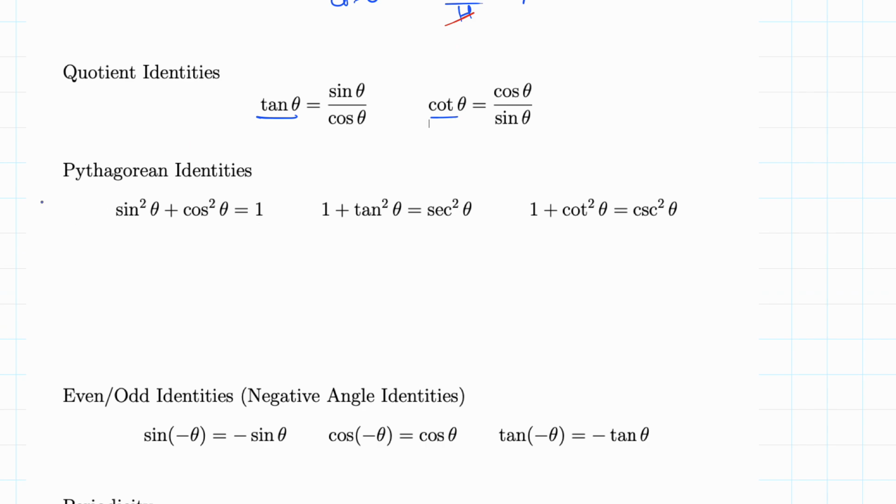Then come the Pythagorean identities. That's based, again, on the right triangle. When we have a right triangle with angle theta, let's say the sides are A, B, C: adjacent, opposite, hypotenuse. We know that a square plus b square equals c square.